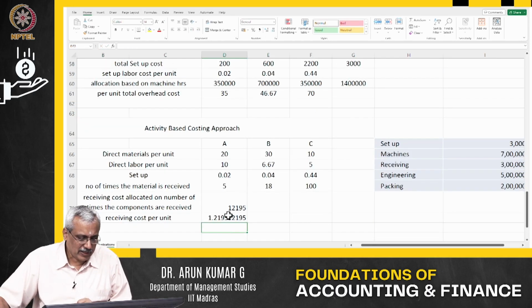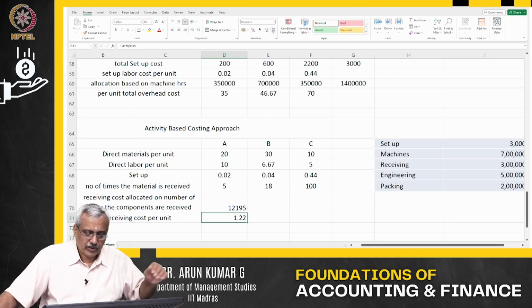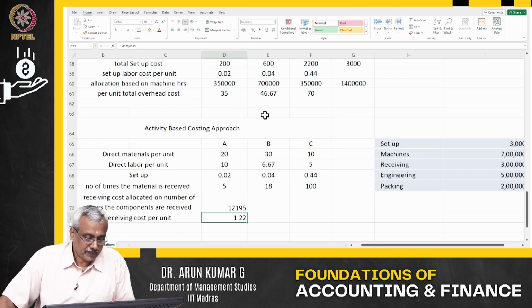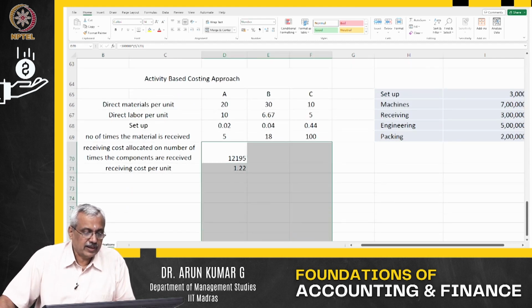The receiving cost per unit is about 1.21 in this case. 1.22 is what I would get here. I am just checking. Now I am just going to center all this so that it is easier.